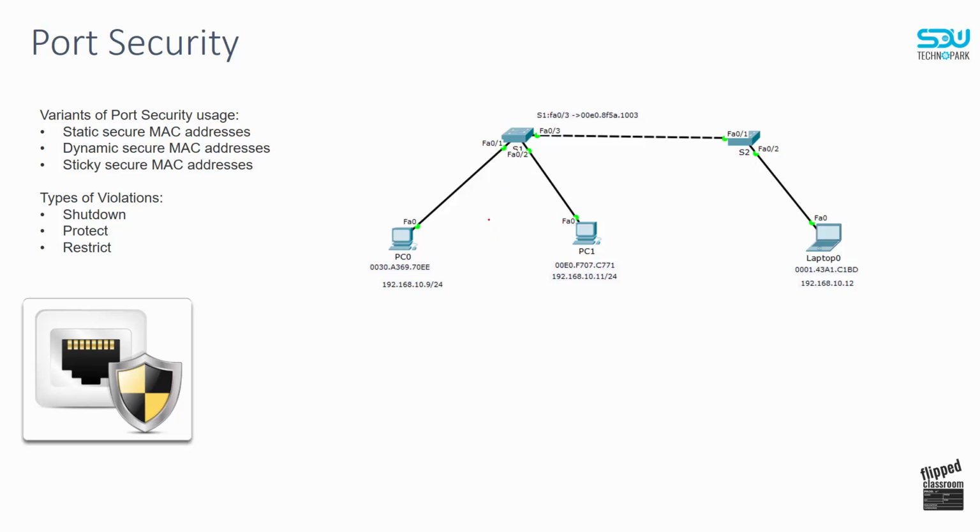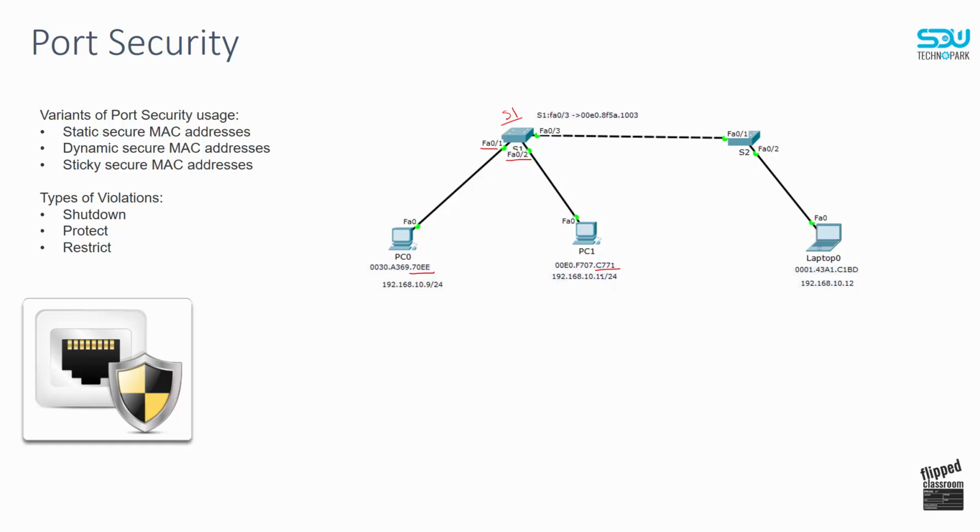For example, here we have a situation like this. Switch 1 is connected with PC0, which has the MAC address ending in 70EE, using port FA0/1. Switch 1 also connects through port FA0/2 to the MAC address C771.